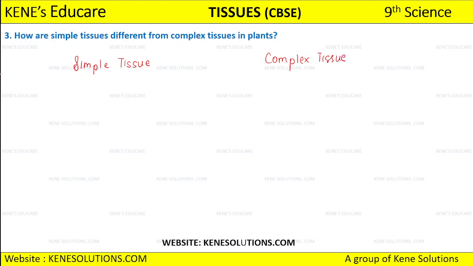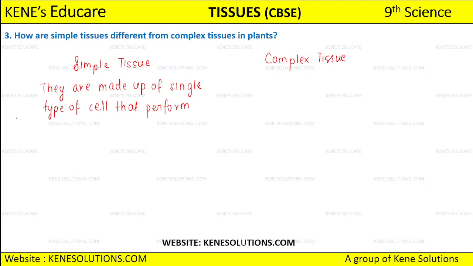Okay, so under simple tissue you are going to write that simple tissues are made up of a single type of cell that perform only one common function.